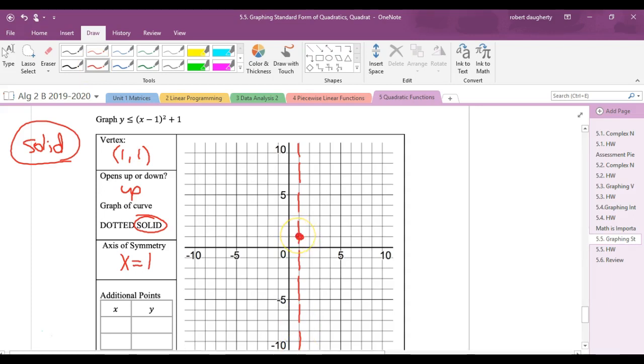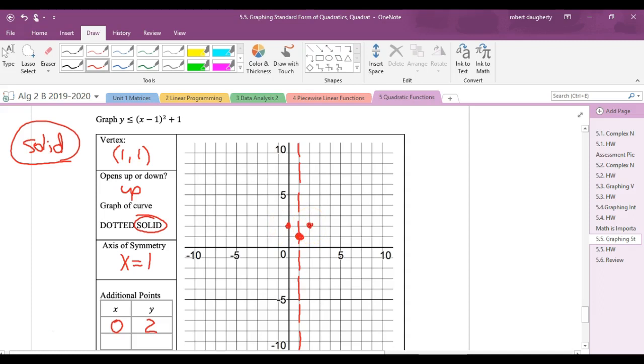We've already established the parabola opens up. So I just need a couple of points to figure out where it's going. I'm going to pick 0. What happens if I substitute 0 into this equation? What do I get? 2. So 0, 2 is right here. That means I also have this point right here.